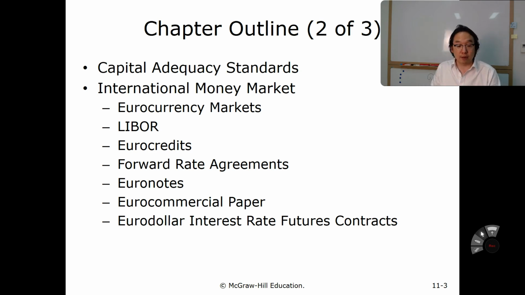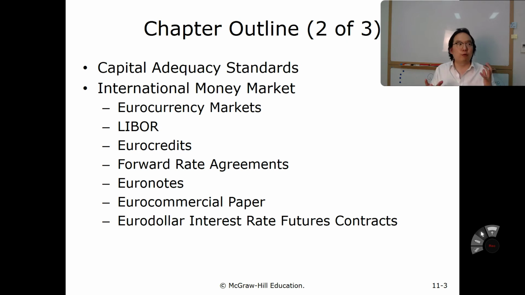And then forward rate agreements, and we're going to go through a little bit of interest rate risk management with that, and Euronotes and Euro commercial papers. I mean, it's all about Euro credit kind of extensions in different facilities, notes, commercial papers.